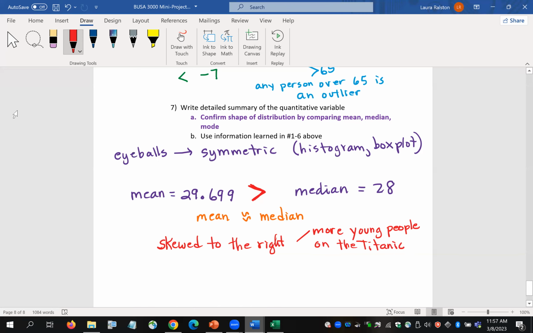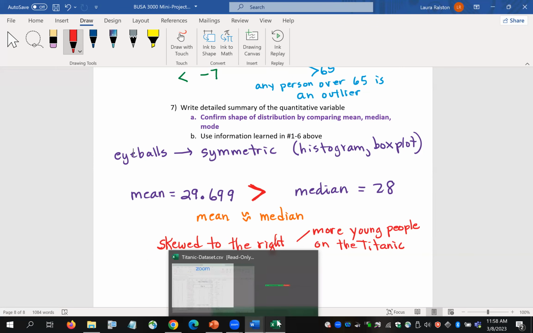But again, we're really close there. So my eyeballs were deceived, but I can confirm that I was wrong, and it's really skewed to the right. You would write that up in a sentence that visually you felt like it was symmetric. However, based on the numbers, it is skewed to the right.